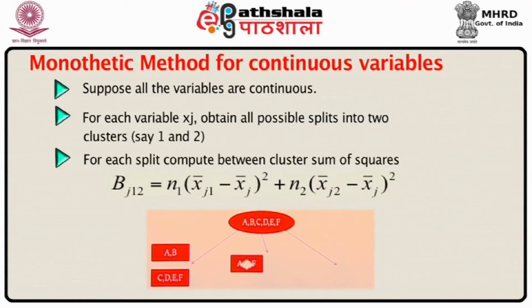I can segregate them as ADF in one cluster and BCE in another cluster. I can do the same by segregating BDEF in one cluster and AC in another cluster. So I can have several such splits based on a single variable. In each of these cases, I compute the Bj values, the Bj's for the two clusters that we are forming here.